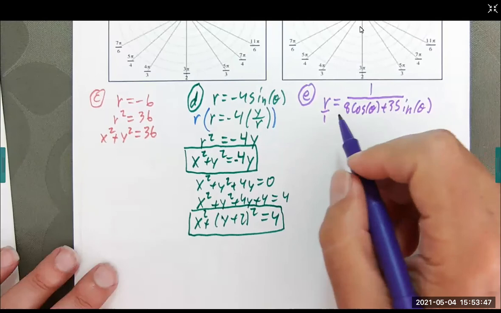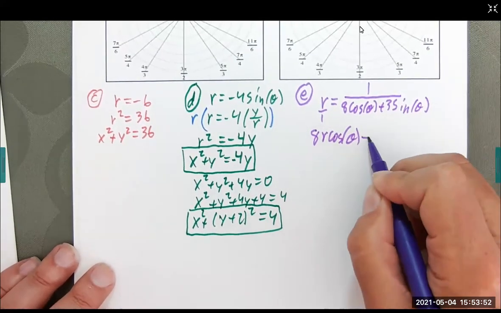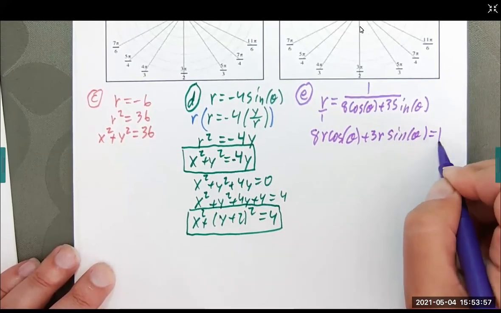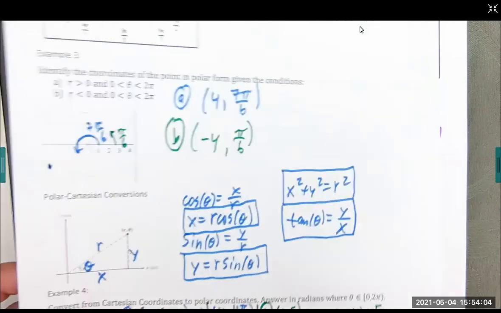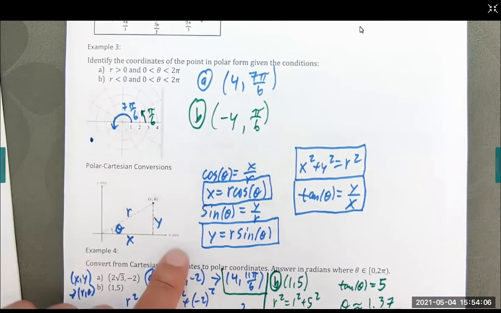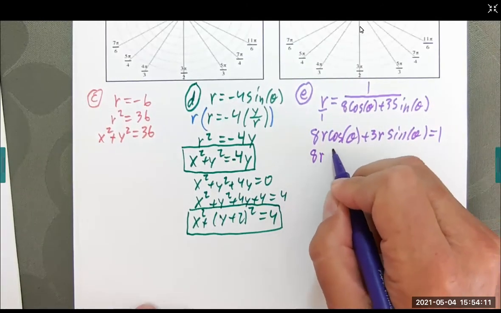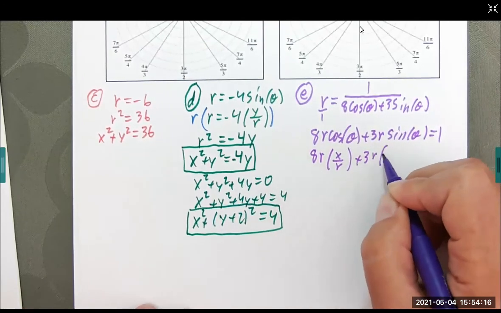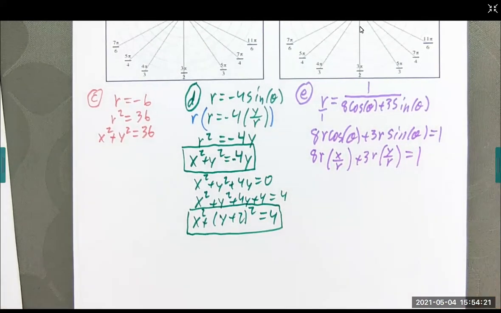So this gives me 8r cosine theta plus 3r sine theta equals 1. And as we know, cosine theta is x over r and sine theta is y over r. Very nicely, we can see those r's are going to reduce out.